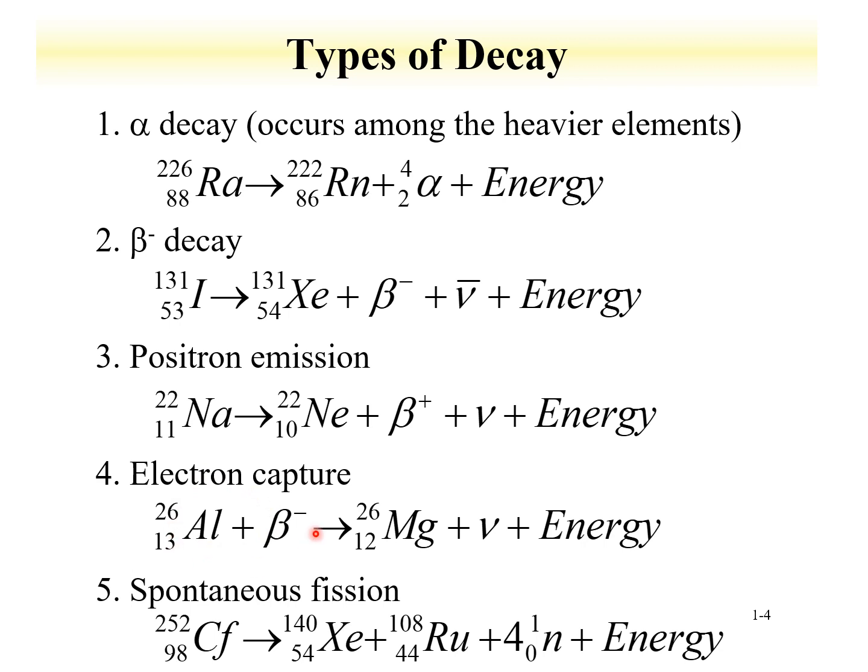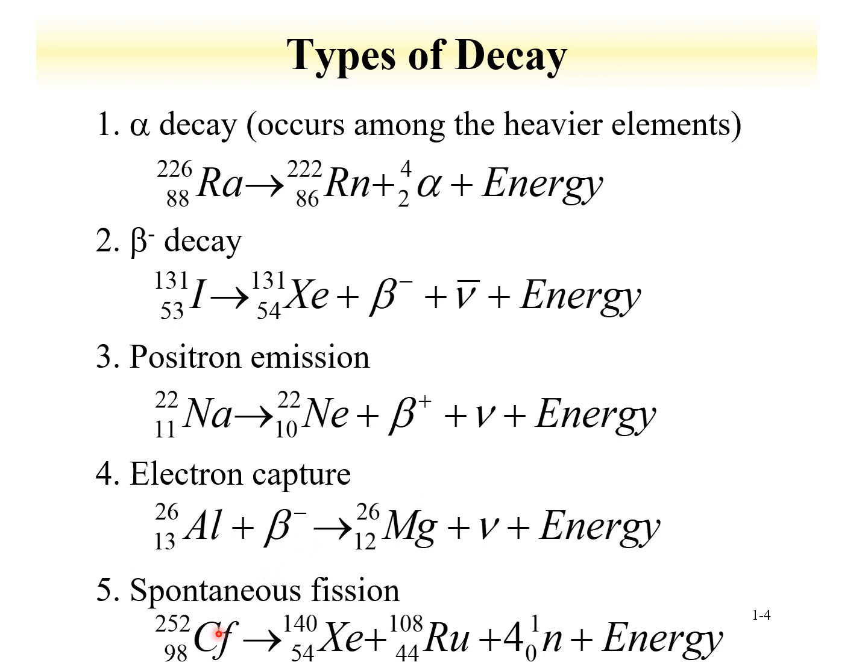Electron capture, where an isotope will capture one of its orbital electrons, it will use that to convert a proton into a neutron, so move down the periodic table, gives off a neutrino and energy. And then a final type of decay is spontaneous fission, where an isotope will spontaneously break into two components.